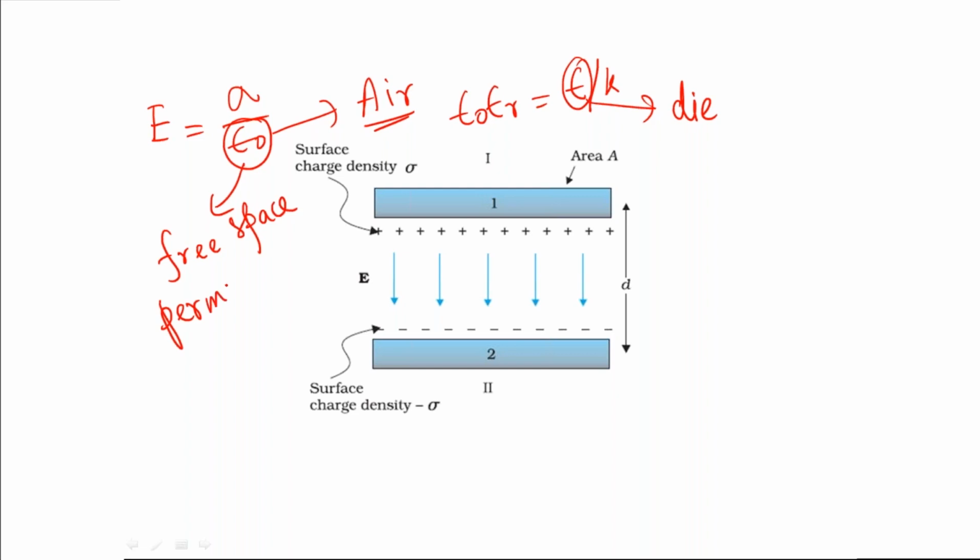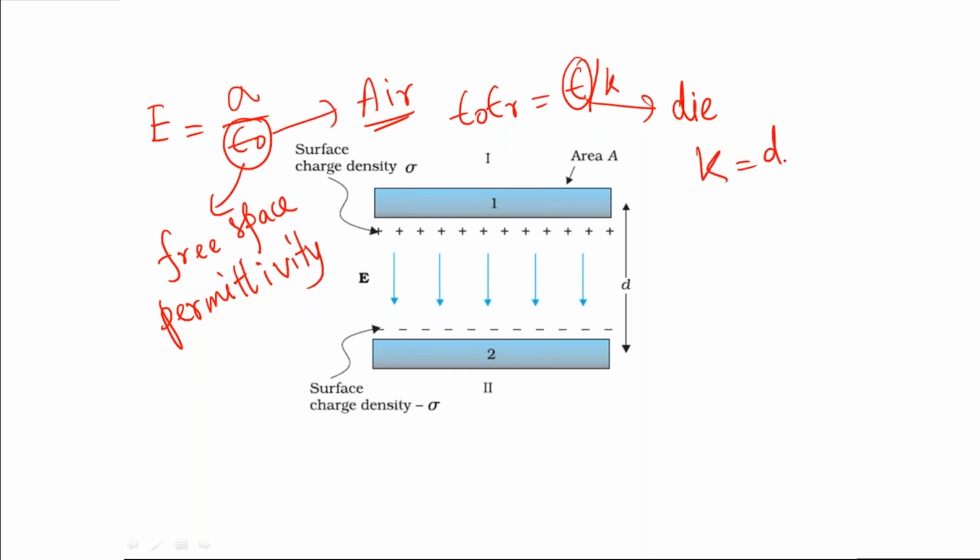Permittivity means how much electric field lines it permits into it. Air can permit this much; this is a number, a constant value. And this epsilon, or sometimes people say k, is called the dielectric constant.